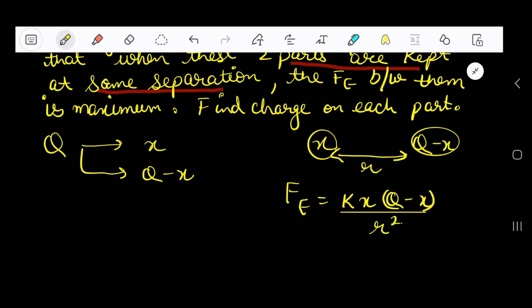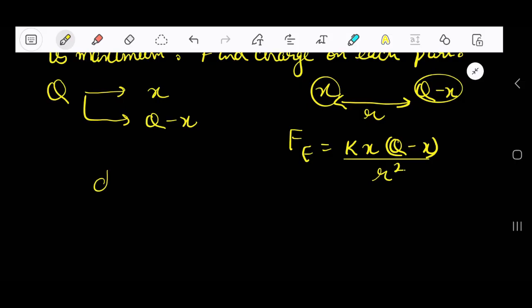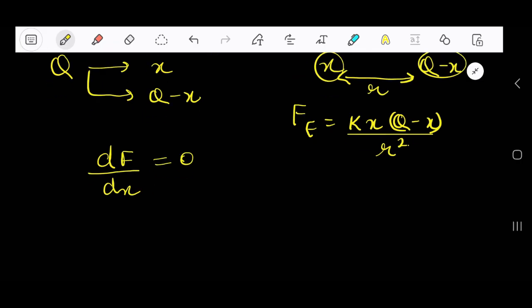We are given that the force is maximum. Whenever we have to find a maximum or minimum value, we differentiate. So here we'll be differentiating the force, dF by dx equal to 0, in order to find the maximum value of the force.